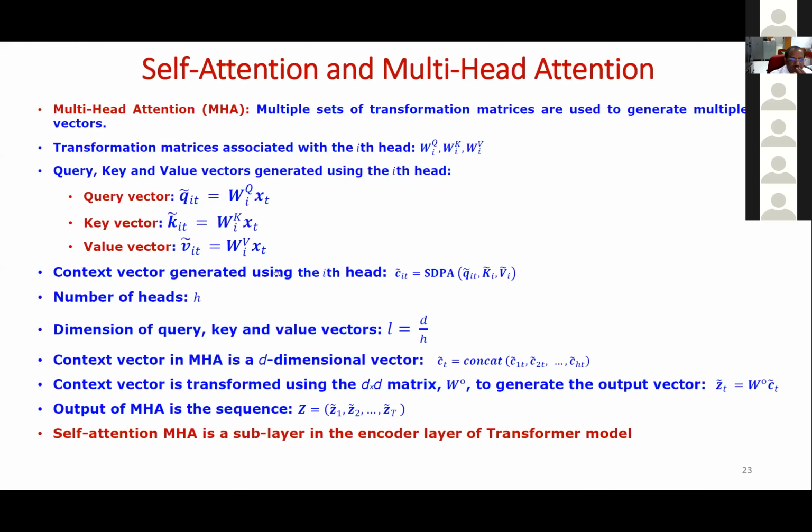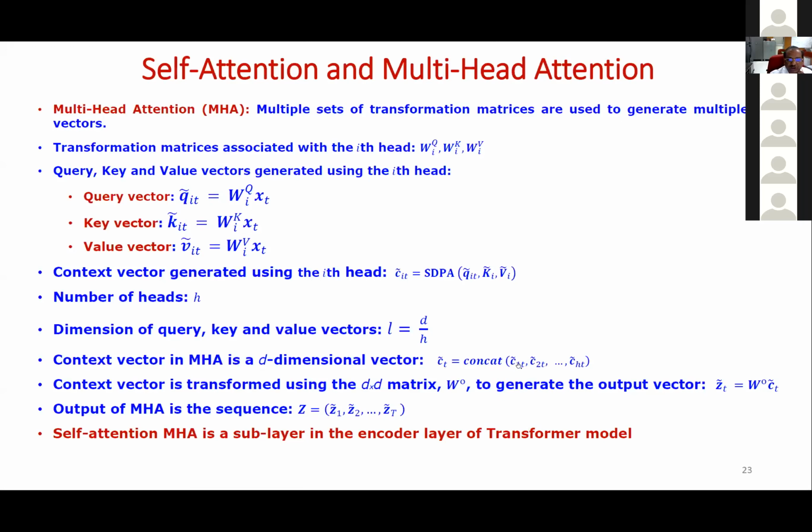Now for every element in the sequence, we get the corresponding context vector using a particular ith head. If I put together all these context vectors for a particular element in the sequence, generated using different heads, like C̃1t, C̃2t, up to C̃Ht, I concatenate all of them to generate a context vector that represents the original feature vector, that is xt.